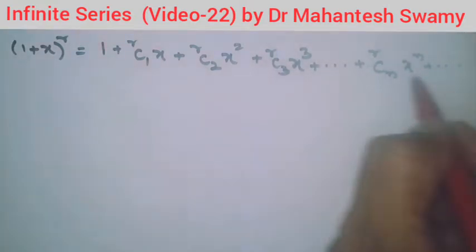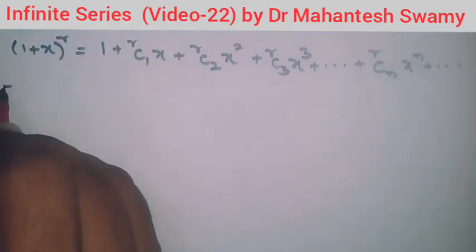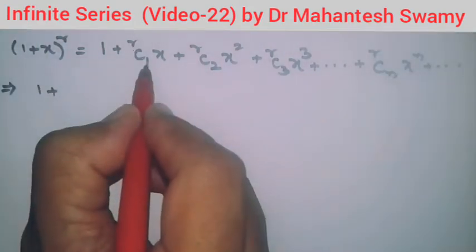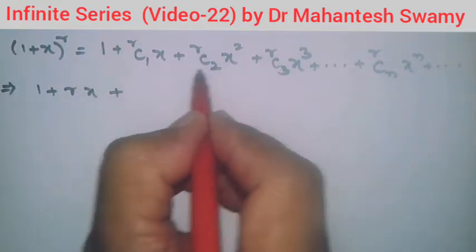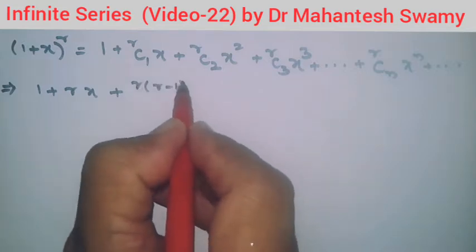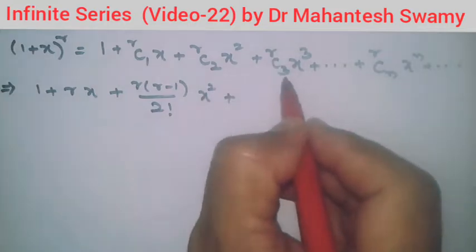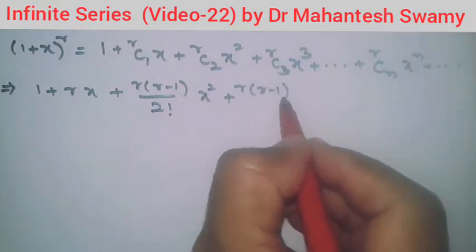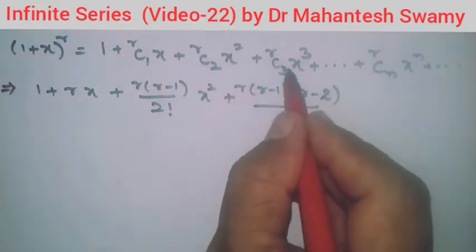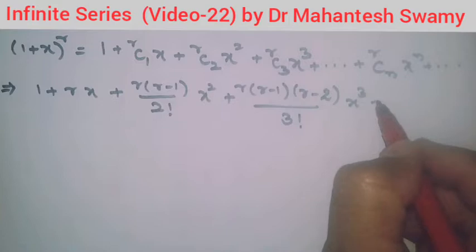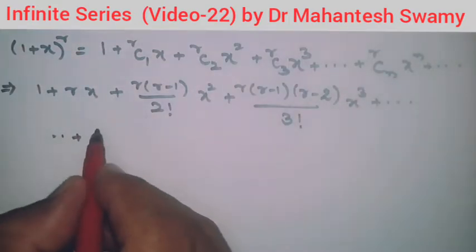Therefore, if we simplify this series on the right hand side, it implies 1 plus rC1, whose value is r, into x, plus rC2, whose value is r into (r minus 1) by 2 factorial, into x squared, plus rC3, whose value is r(r minus 1)(r minus 2) divided by 3 factorial, into x cube, plus dot dot dot, plus rCn.